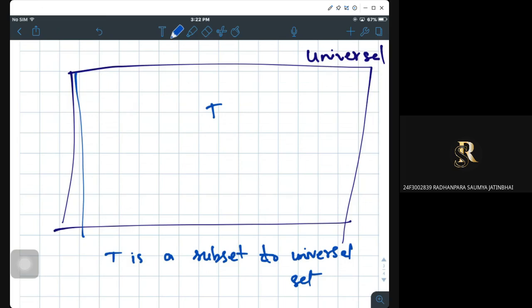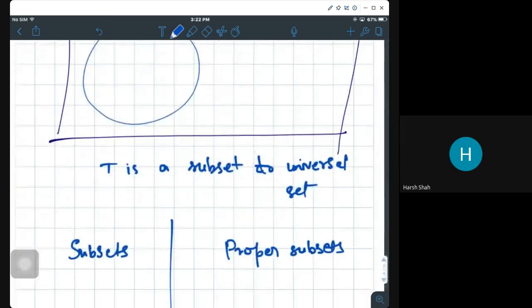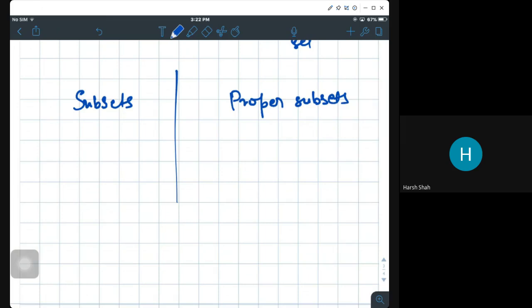No. Okay, I'm asking for subset, right? So for subset, we can say that T equal to U will work here. But in case of proper subset, my T is never equal to U.